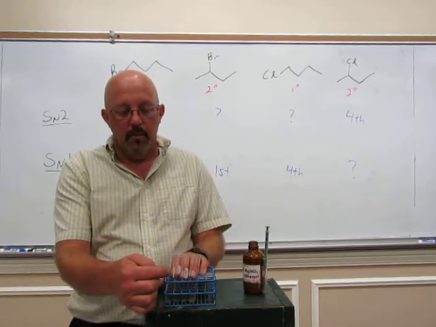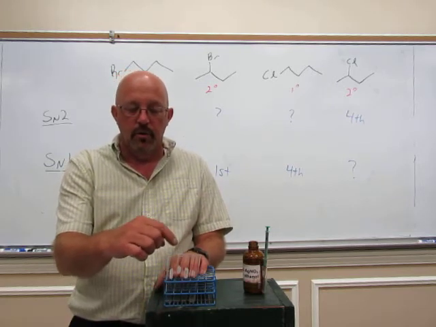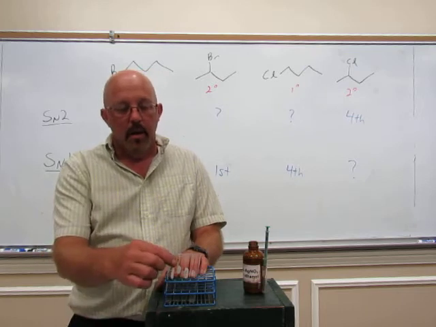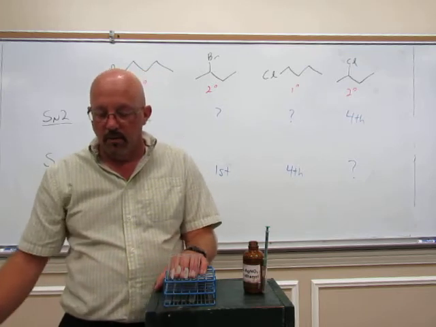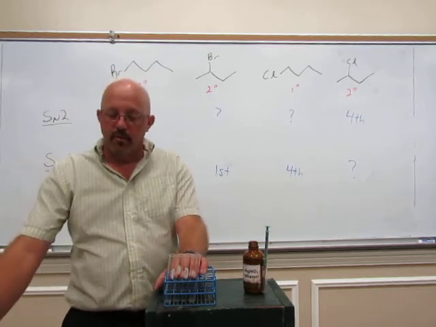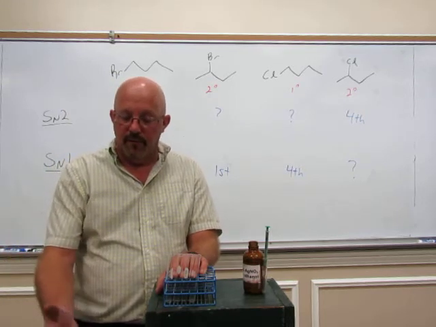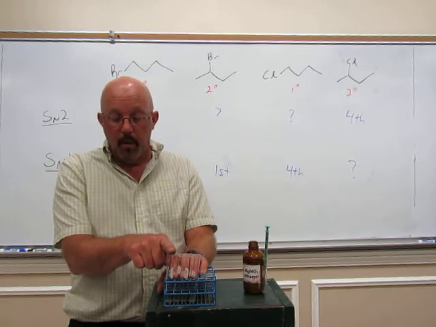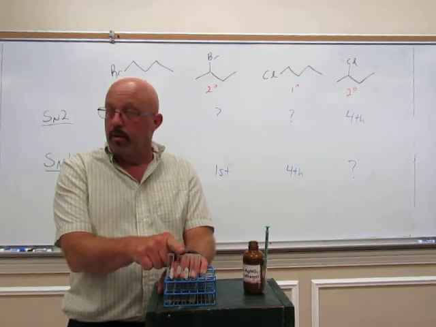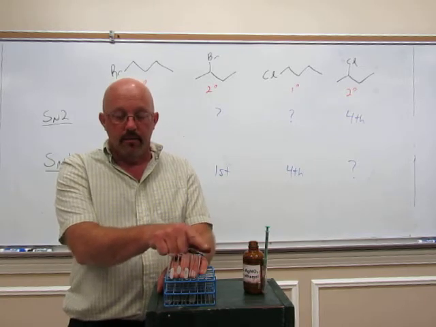Now you may want to label your tubes. You can use some of the blue painter's tape and label them A, B, C, D, or 1, 2, 3, or whatever, so you can remember which one is which. You want to know, like for group 1, which one is the 1-bromobutane and which one's the 2-bromobutane, and so on and so forth.